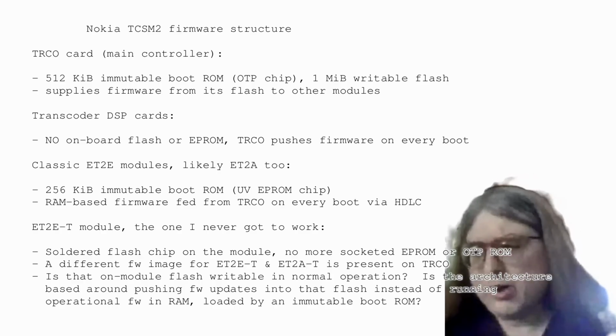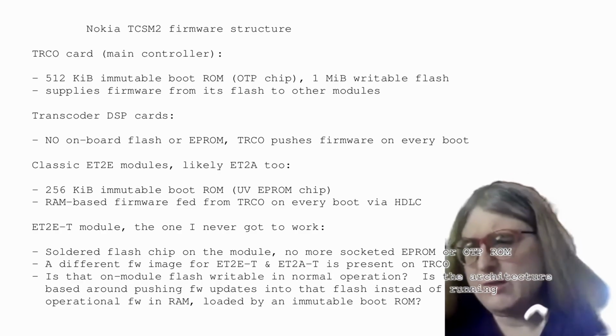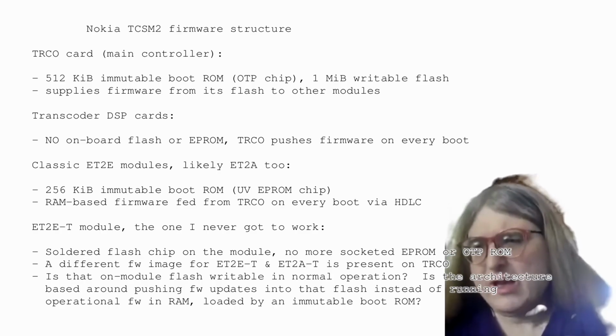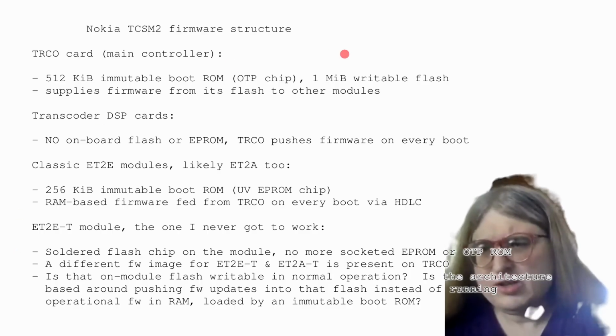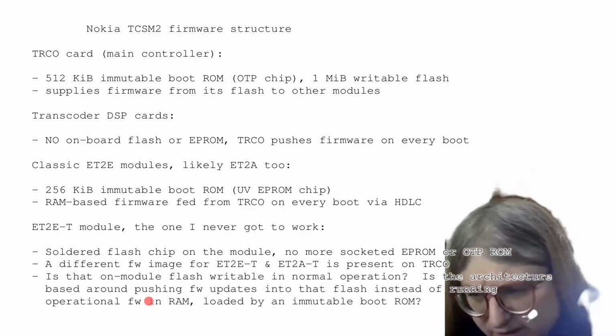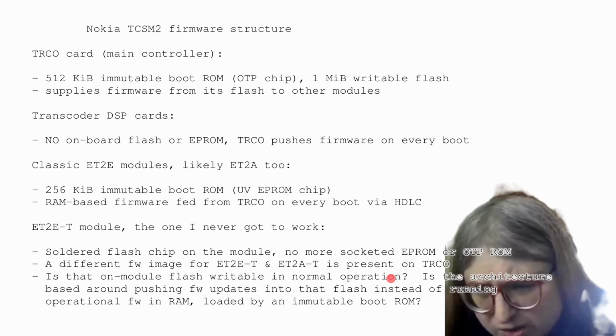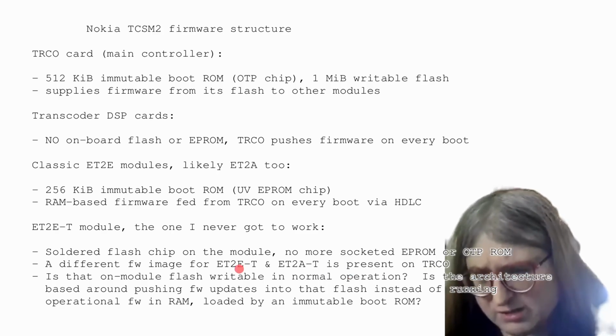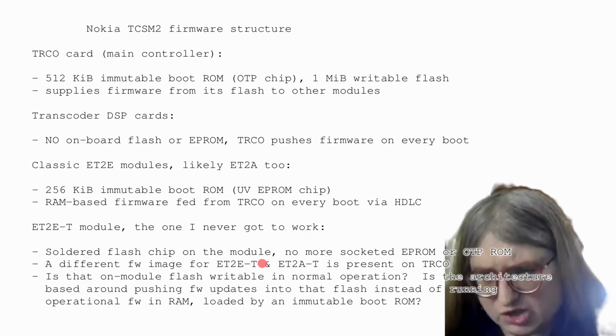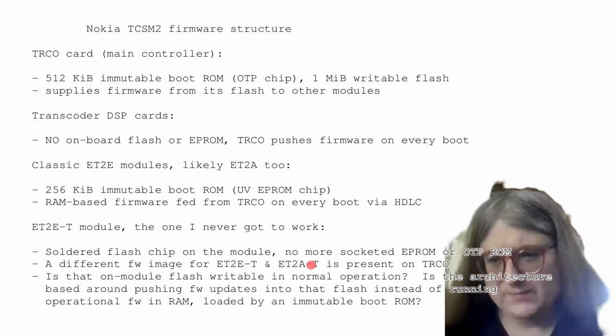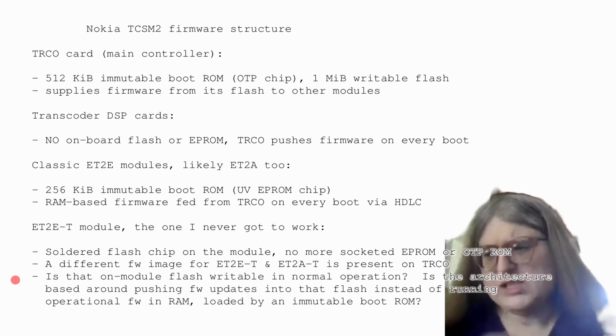So now, okay, well, if the operational image is in flash on the module all the time, and there's an image stored here, like this file here, on the TRCO, that's supposedly for both the E1 version with the -T and the T1 version with the -T, well, what's the purpose of that image?